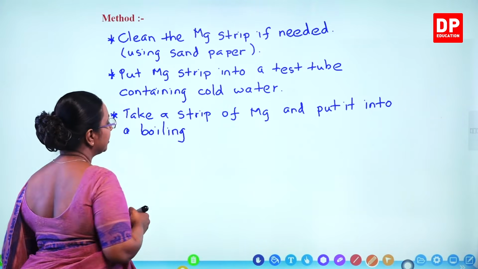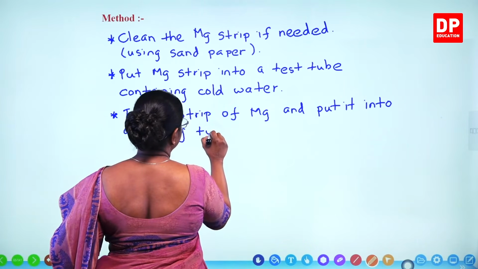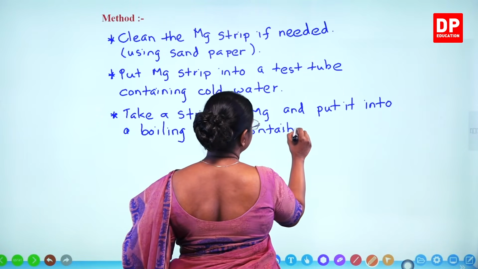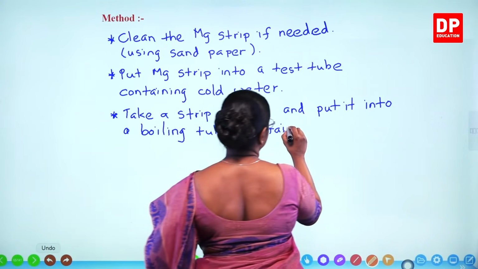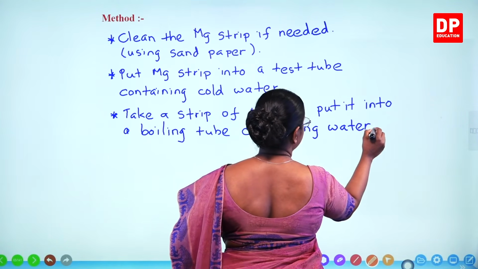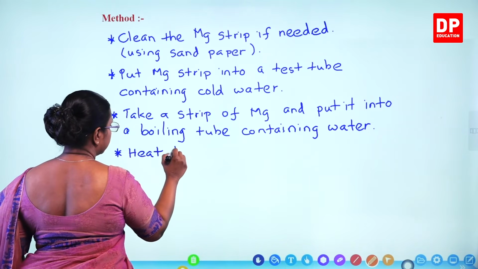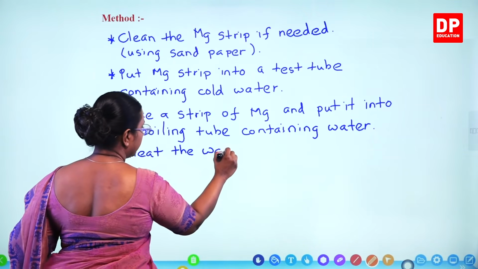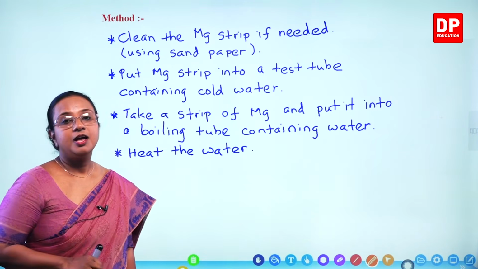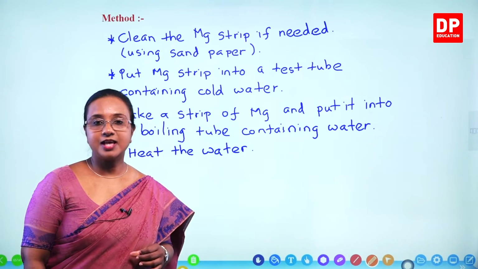Here we need to use a boiling tube because we have to heat the water. And then we heat the water. Then you can see the change taking place. Okay students, this is a simple activity. So let us try this out in the lab.